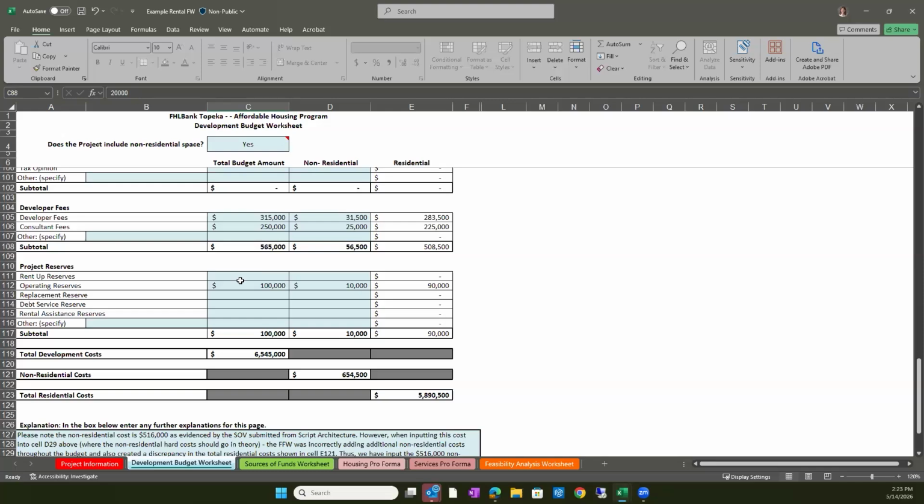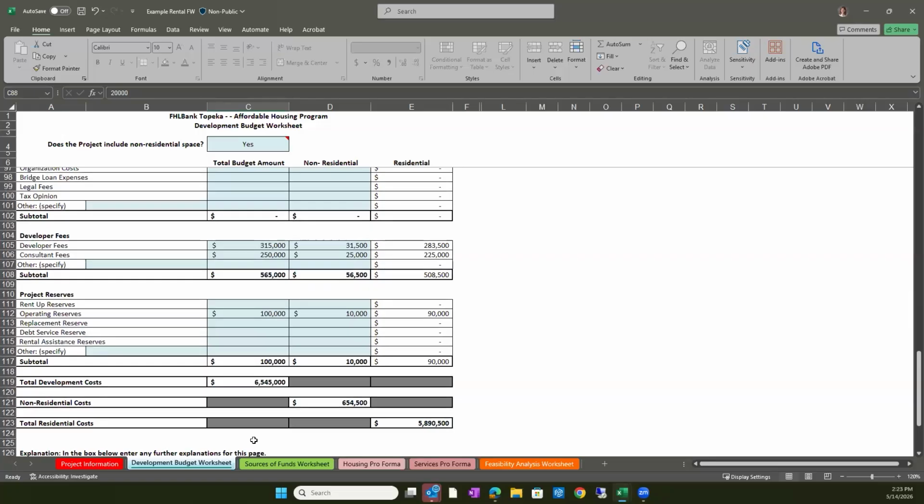There's a whole slew of costs that get removed from the total development cost to come to that number, but they are all listed specifically again in Exhibit A of the implementation plan. So if you'd like to see the full definition and what costs are and aren't included in the development fee calculation or developer fee calculation, please feel free to reference Exhibit A of the implementation plan for that information.